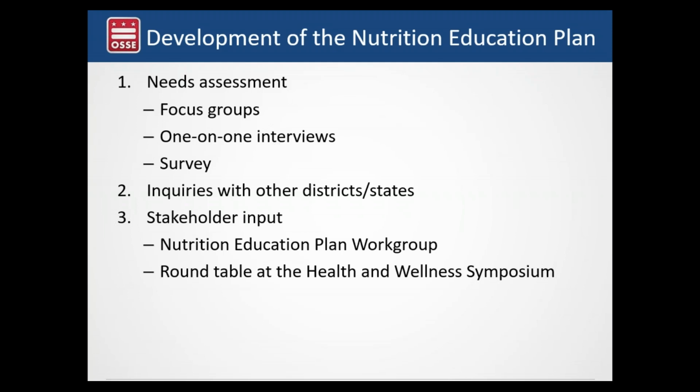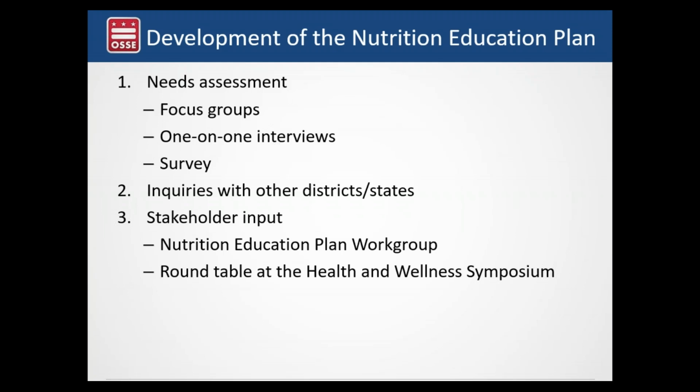From the focus groups and the interviews, we gathered some good qualitative data, and then we put together a survey, and the survey collected some more targeted information, and that was delivered to just the schools. And we had a pretty good amount of responses. 73 schools total responded.